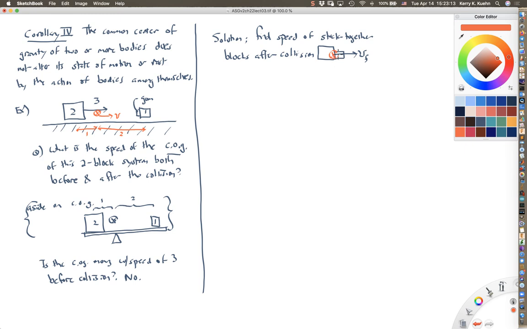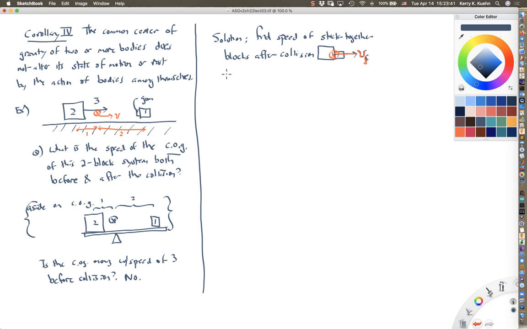And now, using corollary 4, we know that the common center of gravity does not alter its state of motion or rest by the action of the bodies among themselves. In other words, whatever the center of gravity speed is after the collision, that must have been the center of gravity speed before the collision.